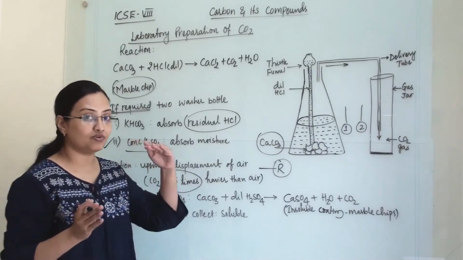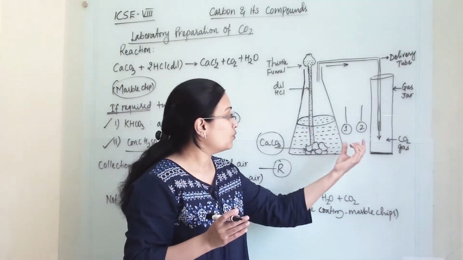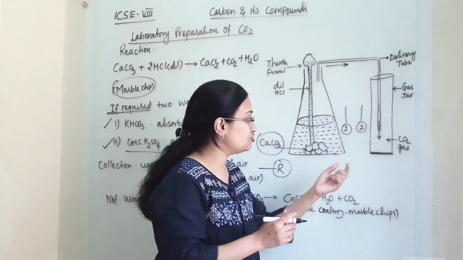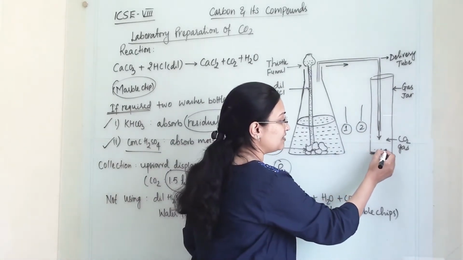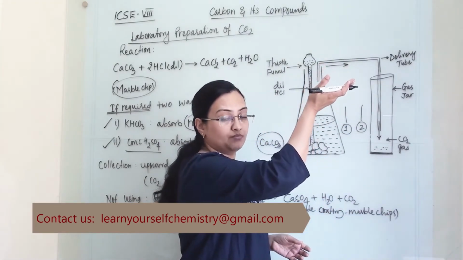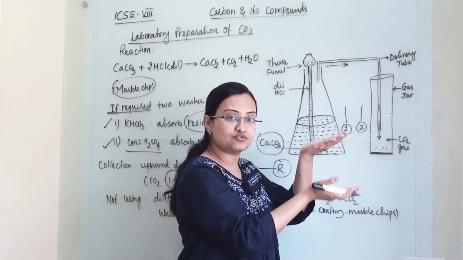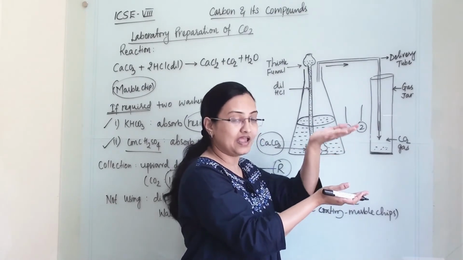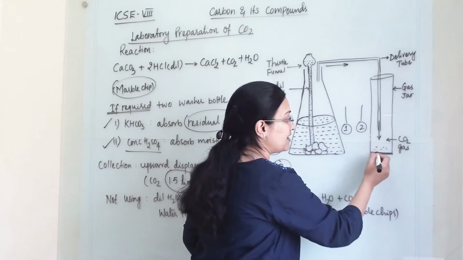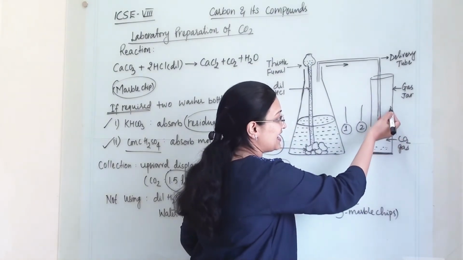What is the meaning of upward displacement of air? Once the carbon dioxide gas is coming from this delivery tube, carbon dioxide gas will remain here and that much air will go upward. Because carbon dioxide gas is heavy, it will remain down and air will be lifted up. So that space will be covered by carbon dioxide gas and air will go up.